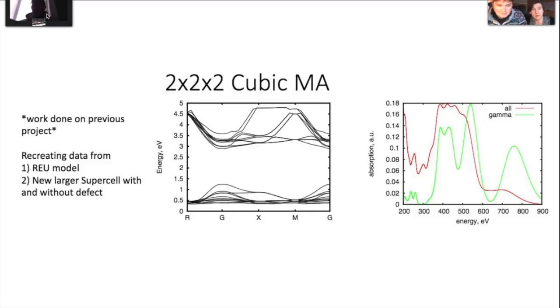I'm okay with the high energy states, because you re-establish some missed states, but here it looks like you're losing the intensity, and this is a little bit counterintuitive. Okay, so you're more or less worried about the relative intensities between the gamma and the multiple K points? Yes.